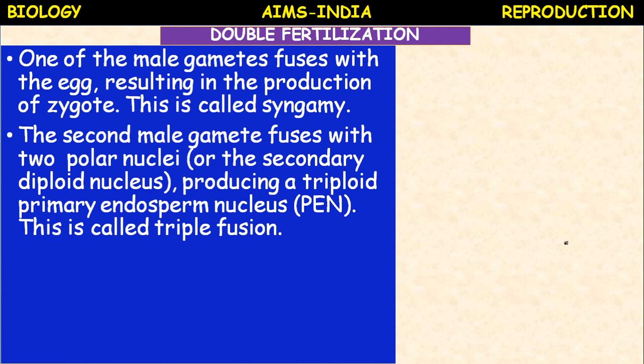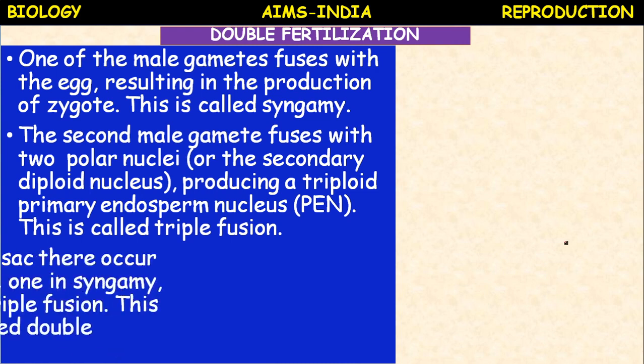This is called triple fusion, as it involves the fusion of three haploid nuclei. Since two types of fusions take place, one is syngamy and the second is triple fusion, in an embryo sac, the phenomenon is termed double fertilization, a unique feature of flowering plants. The central cell after triple fusion becomes the primary endosperm cell.